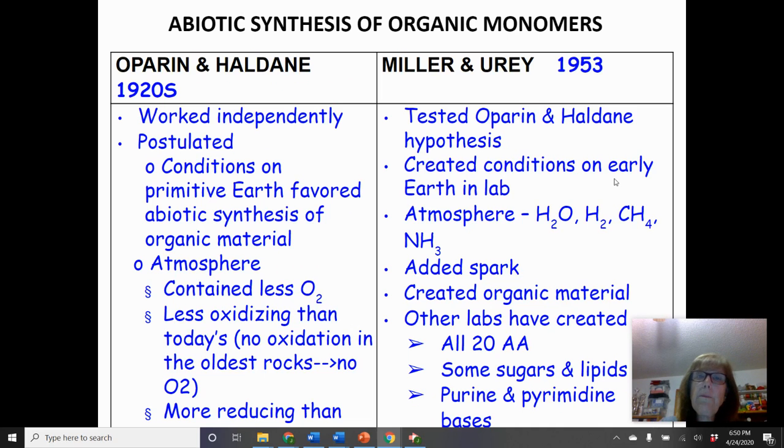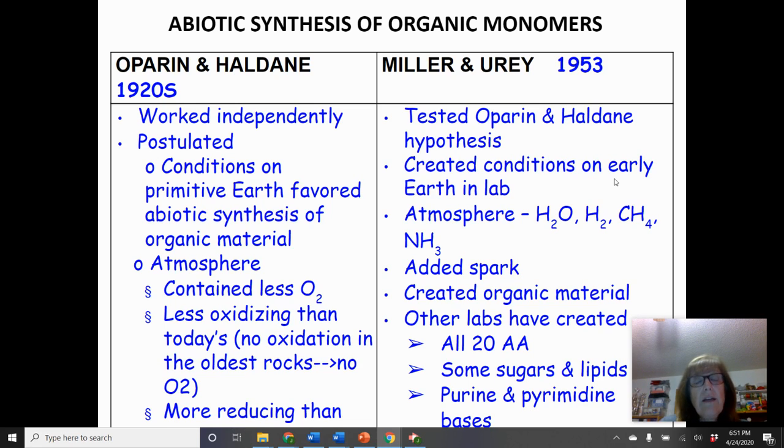So there were a couple scientists that really wanted to research this and see if they could indeed make organic materials from inorganics. The first two guys, Oparin and Haldane, in the 1920s, both worked independently in two different places. And they came up with a similar hypothesis in that the conditions on primitive Earth favored the abiotic synthesis of organic material.